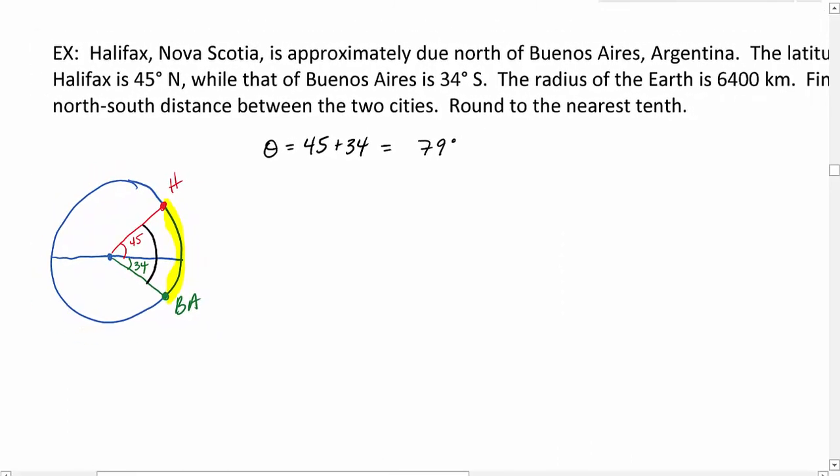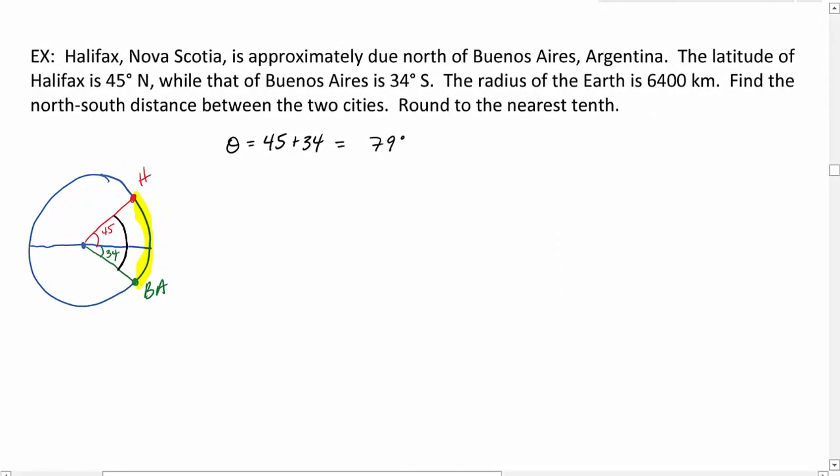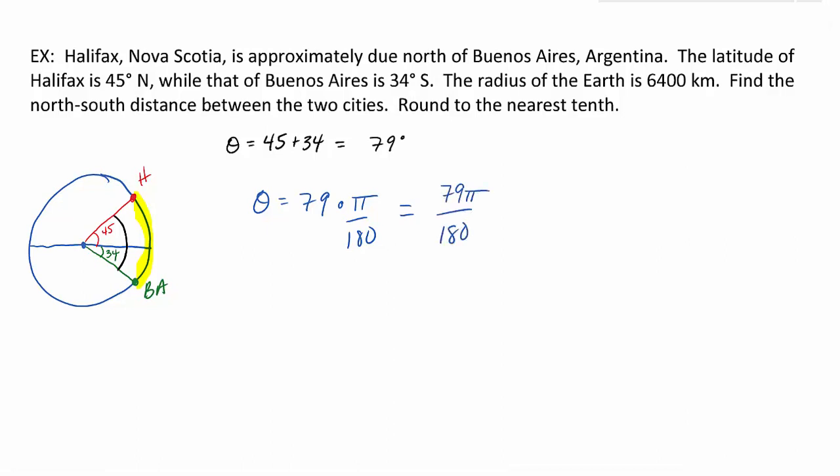All right, so that's our theta, but in order to put it in our formula, our theta has to be in radian measure. So right away, we want to convert that, multiplying by our unit fraction of pi over 180. This doesn't simplify, so I'm just going to leave it in its exact form, 79 pi over 180.